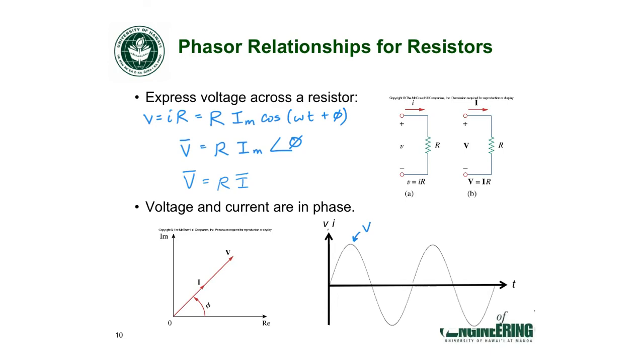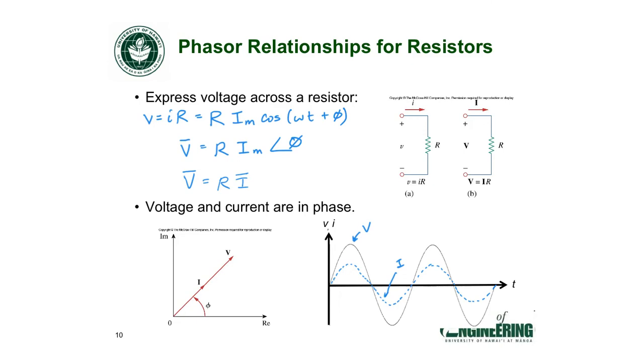The time at which I have the maximum voltage across my resistor, I will also have a maximum current. They're going to be at the same frequency. They don't necessarily need to have the same magnitude, but the maximums and minimums of the sinusoid that represents the current, this dashed curve, are going to occur at the same time points as for the voltage.